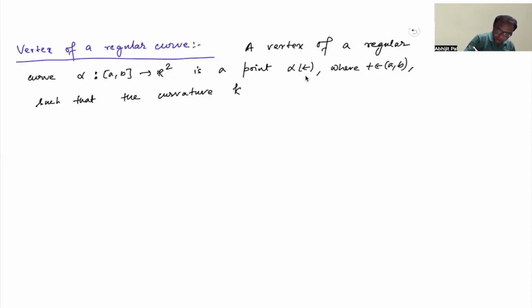This k prime is a function of t, so k prime t is equal to 0.